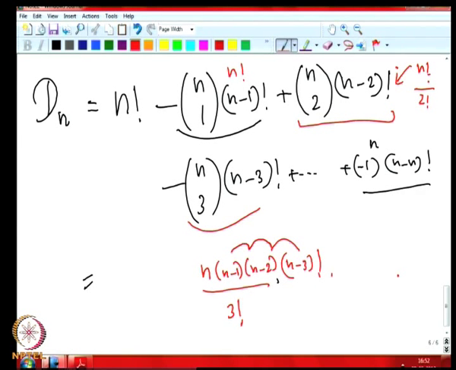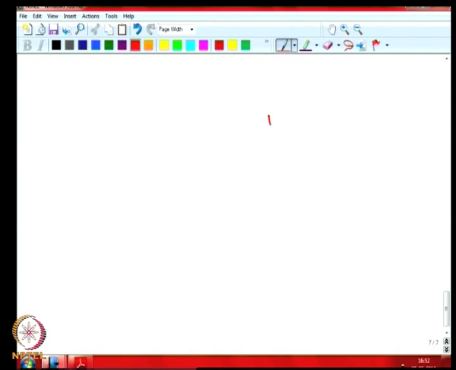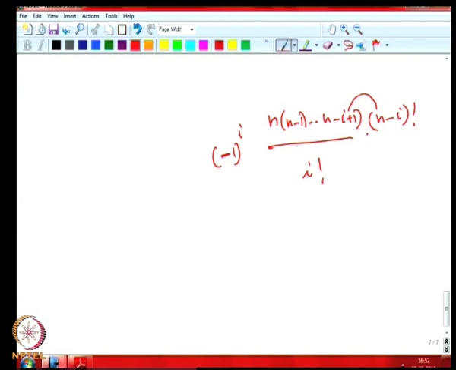So, here we multiply all these things, we get n factorial divided by 3 factorial, and each term, the ith term, will correspond to n into n minus 1 up to n minus i plus 1 divided by i factorial, and here will be minus 1 raised to i, of course, into n minus i factorial here, right. So, when you combine these terms with this, we get n factorial above, and this will become minus 1 raised to i into n factorial by i factorial, right.